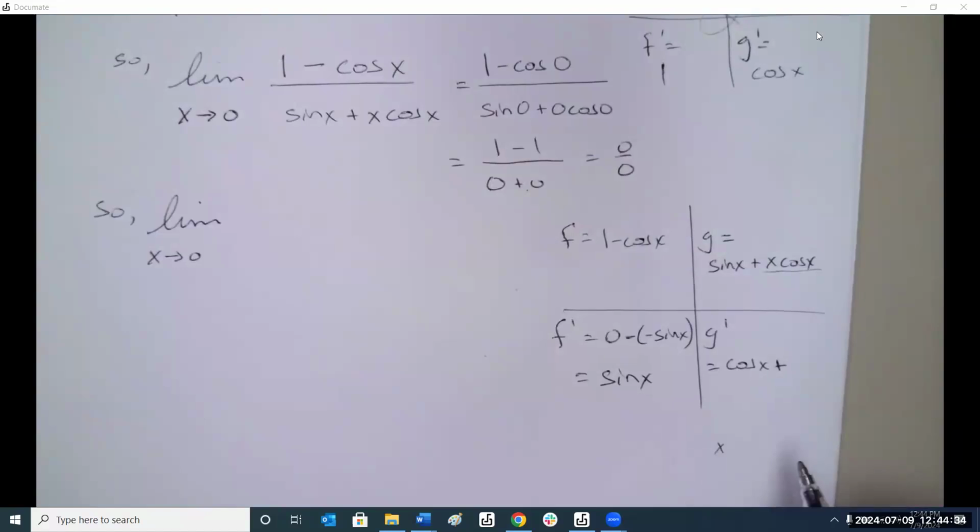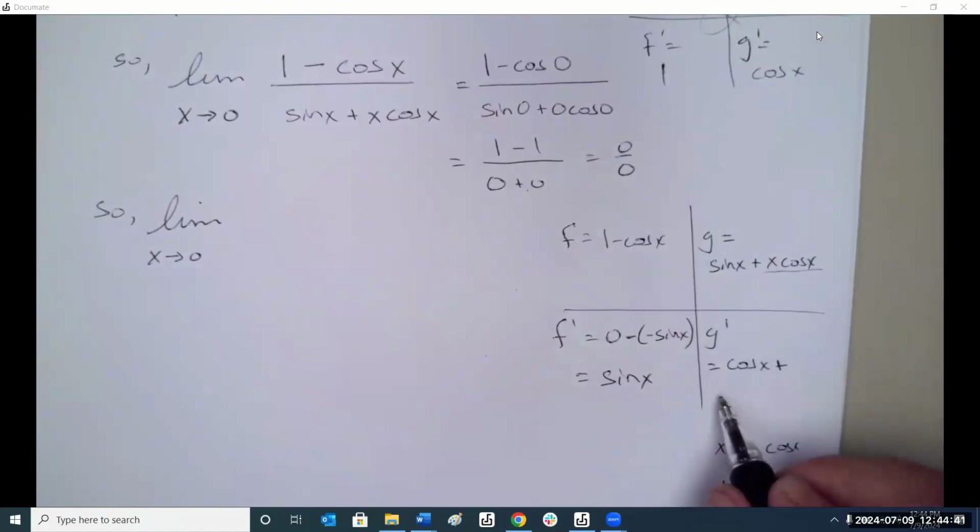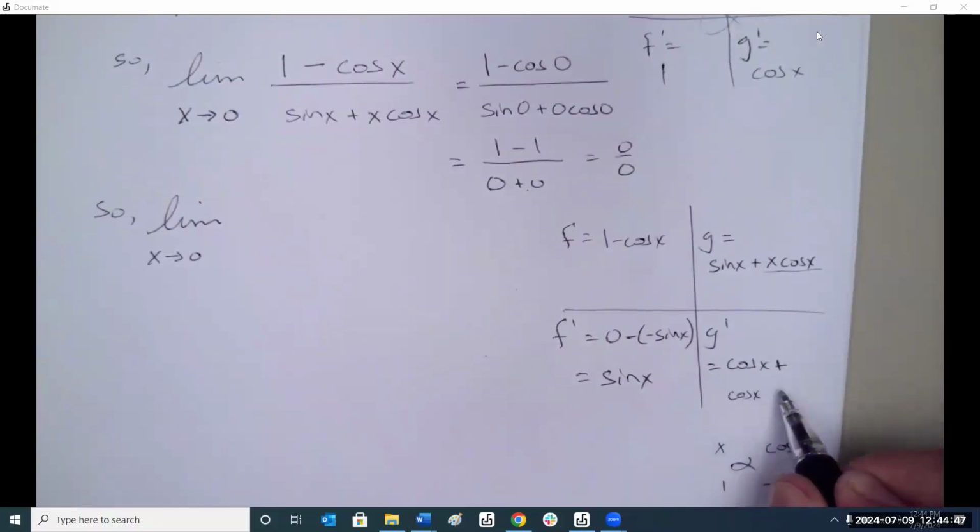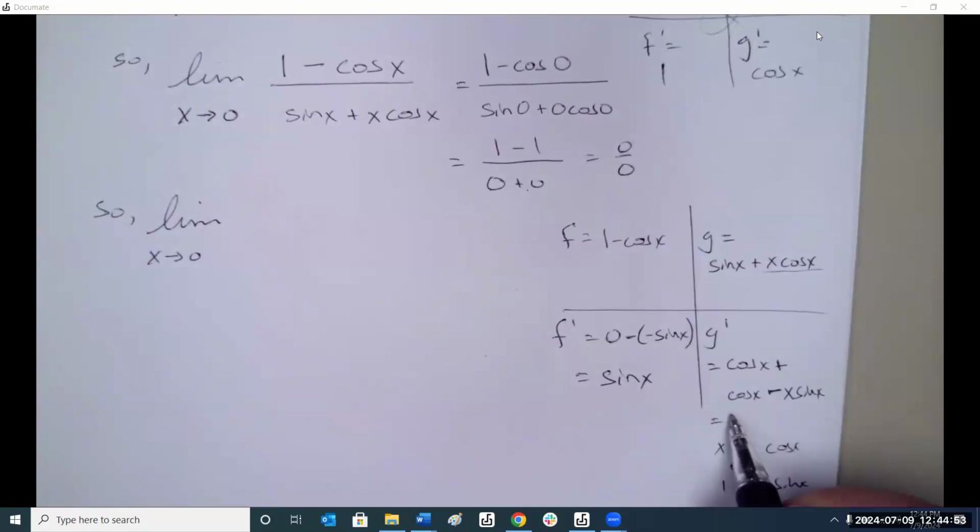So we have x cosine x, 1 times negative sine x. So it's going to equal cosine minus x sine, which equals 2 cosine minus x sine x.